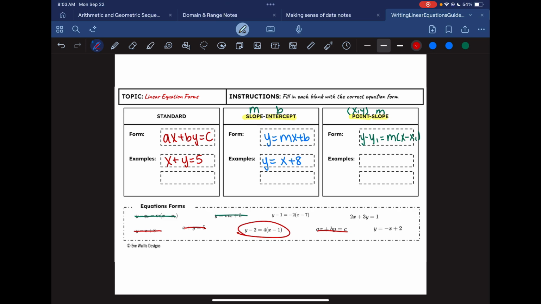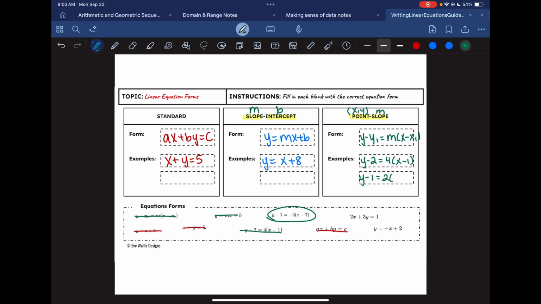And then we can look at this one. Y minus 2 equals 4 times x minus 1. That looks like point-slope form. So let's write it over here. Y minus 2 equals 4 times x minus 1. Let's cross that one out. And this next one, we have y minus 1 equals negative 2 times x minus 7. That's also point-slope form.